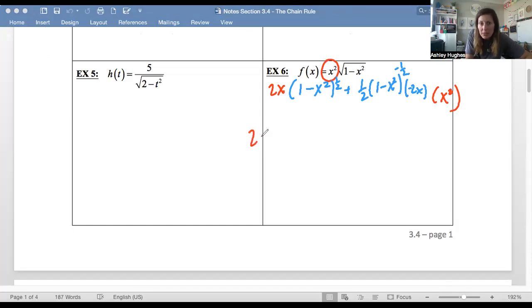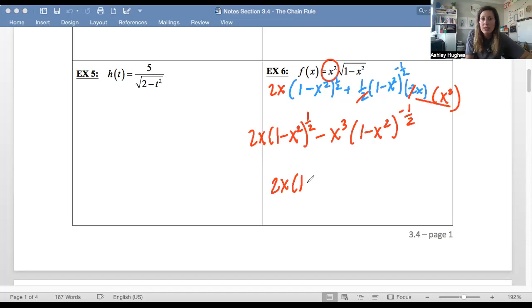So I'm going to keep this 2x and 1 minus x squared to the 1/2, like that. This 2 cancels with that 2. X times x squared is x cubed, so minus x cubed. And then 1 minus x squared to the -1/2. You can keep it like that, or you can write it as 1 minus x squared in the bottom, to the positive 1/2.